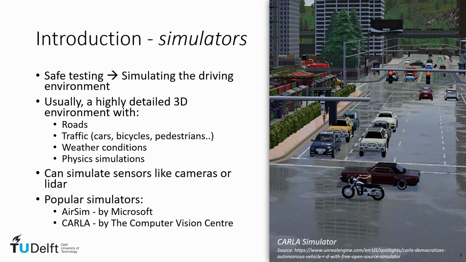They may have some weather conditions like rain or snow, which can adversely affect the way some of the perception modules work. And they often have physics simulations to simulate all the physical components of vehicles, like wheels, and also to simulate friction on roads, etc. So often these simulators can simulate sensors like cameras or LiDAR.